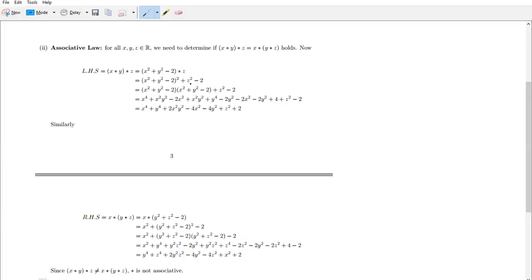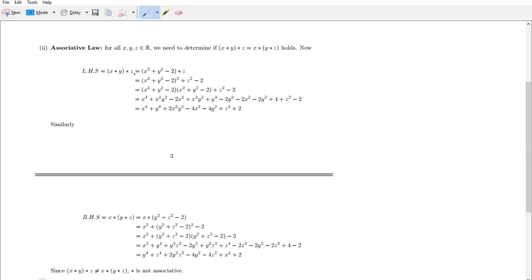So I was saying you first start by replacing where there is x star y. The x star y which we were given was this in the question. This was x star y. So while there is x star y, I'll replace with that. And then this star z outside is the one which is this side.